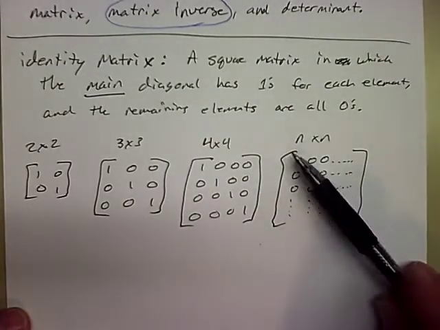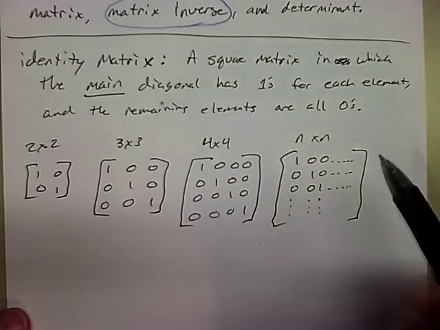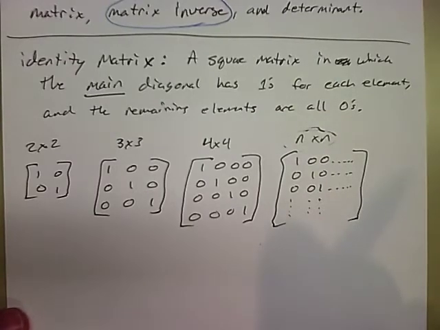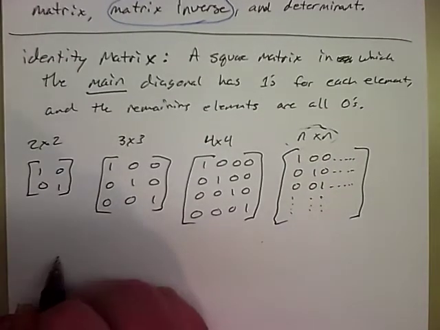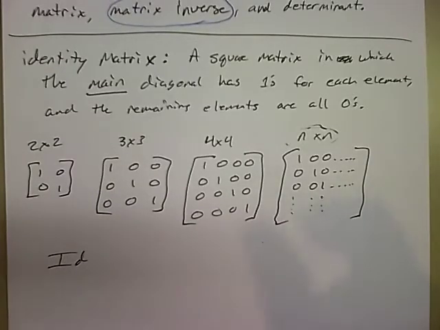As long as there's a 1 in the main diagonal and zeros everywhere else, and it's a square, then it would be the identity matrix. We refer to this as the ID, the identity matrix. Sometimes you'll see people write it as just an I.